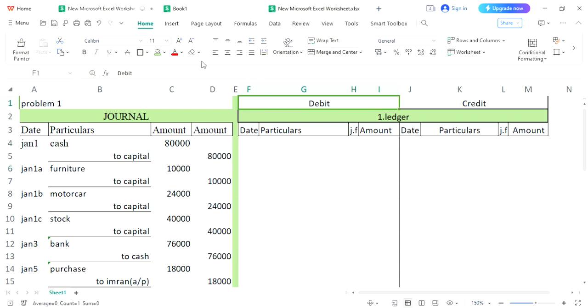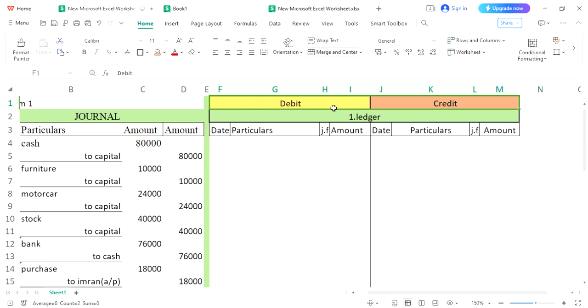Let's divide it again, so we can have a different color over here and a different color over here. Why am I doing it? You may say it is unnecessary. We have understood, but it was very important for me that you understand there are two sides, one of which is debit, the other one is credit. I was willing to let you understand the rule.